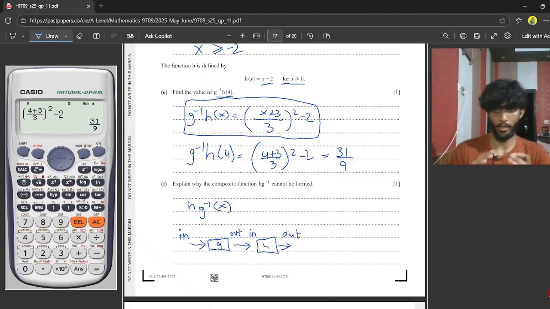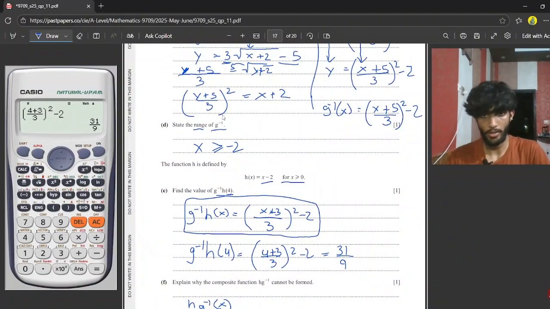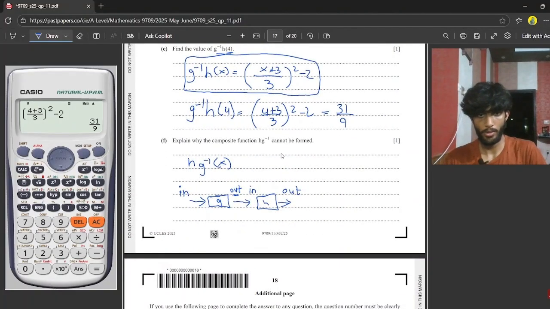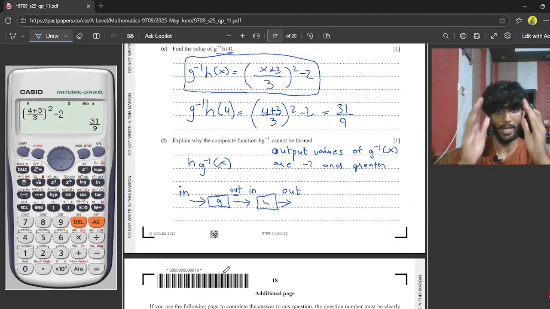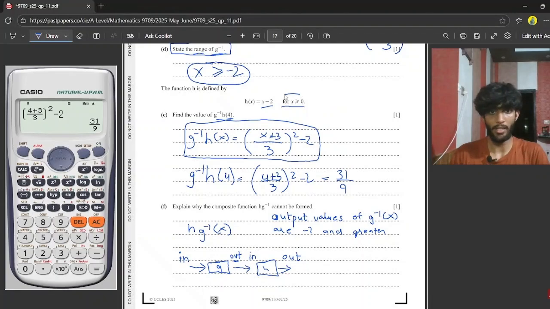The reason why h g inverse of x cannot be formed is that if you look at the output values of g inverse of x, which are essentially the range, x has to be greater than or equal to negative 2. So the output values of g inverse of x are negative 2 and greater. Now those values will be going into function h. The problem is that h cannot take in negative values. h can only take in values that are 0 or greater.